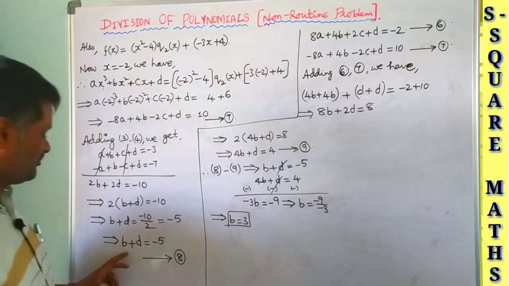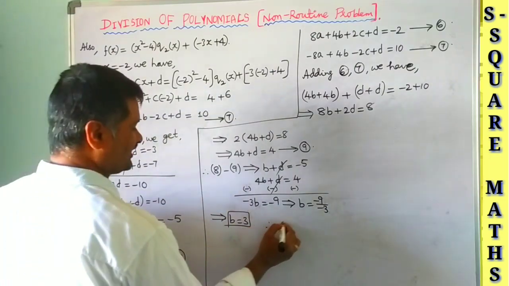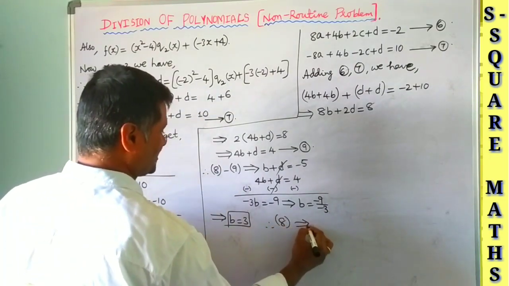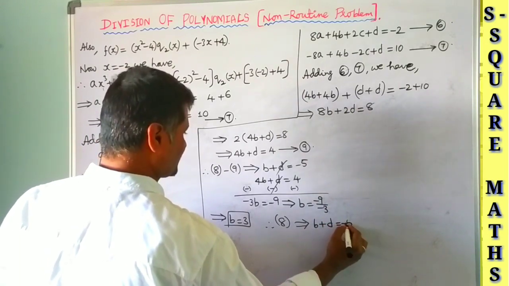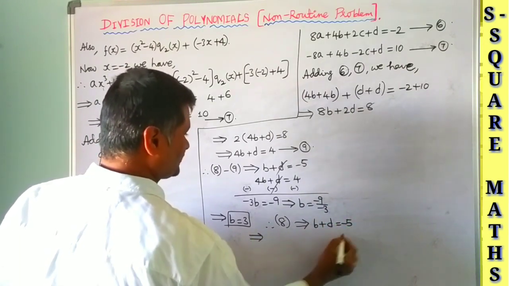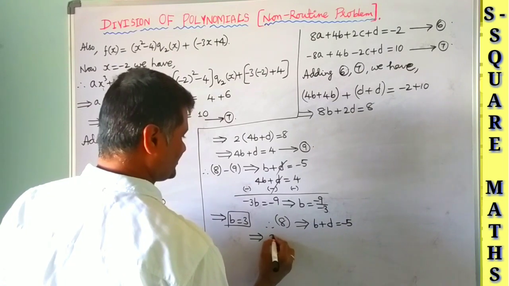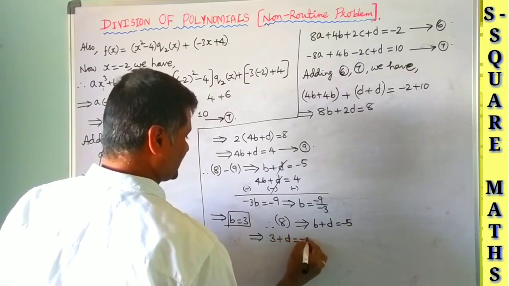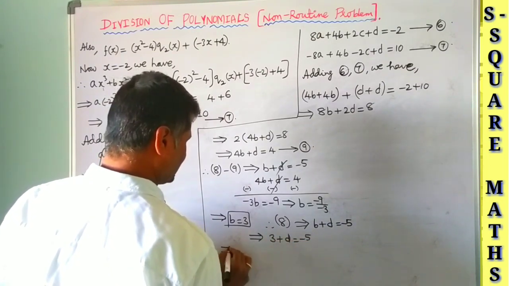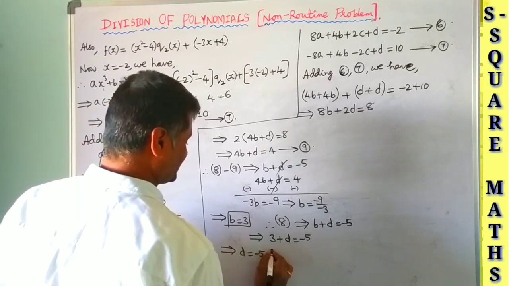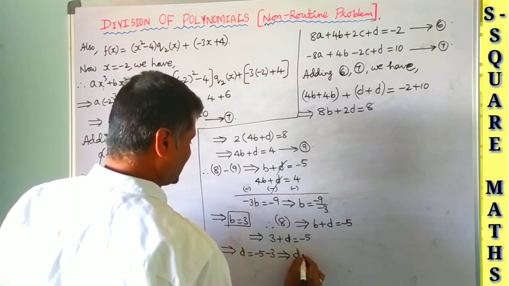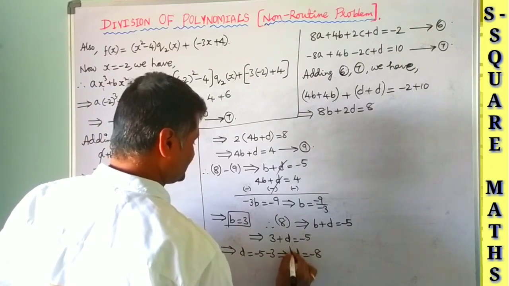So now substitute the b value here. What is our 8th equation? b plus d is equal to minus 5. Okay, b value is 3, so 3 plus d is equal to minus 5, which implies d is minus 5 minus 3, so d value is minus 8.